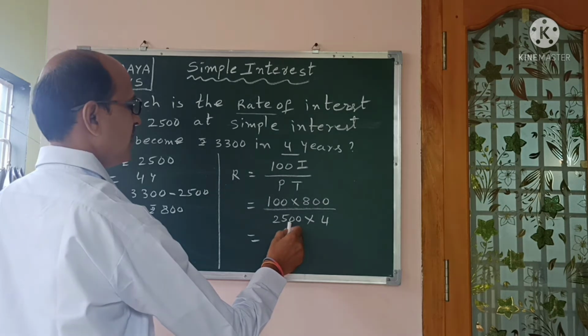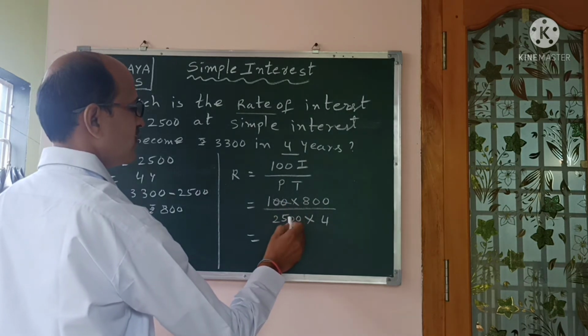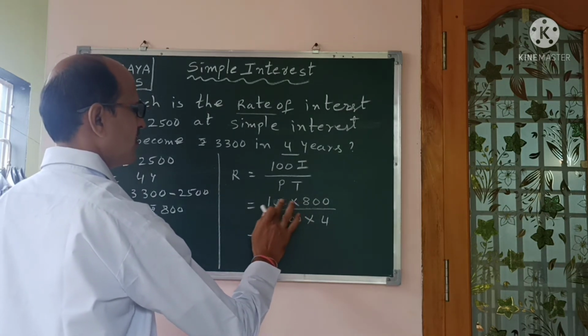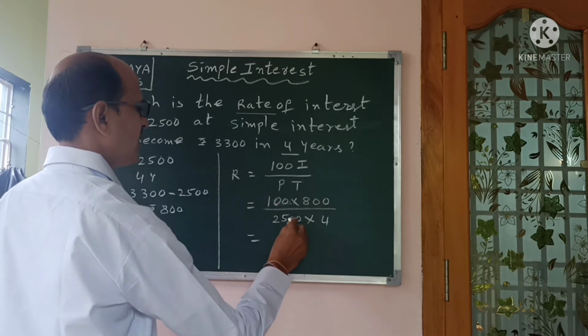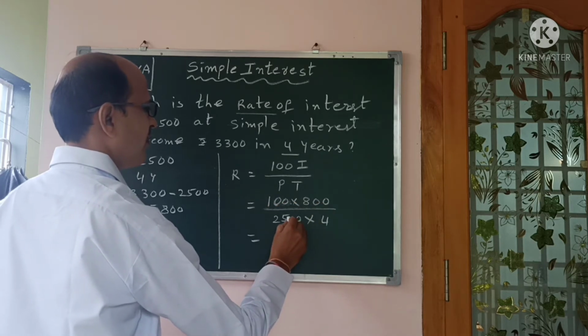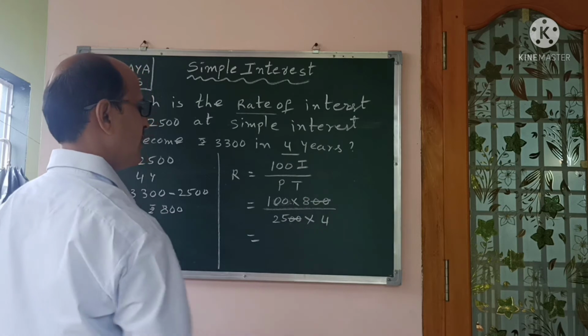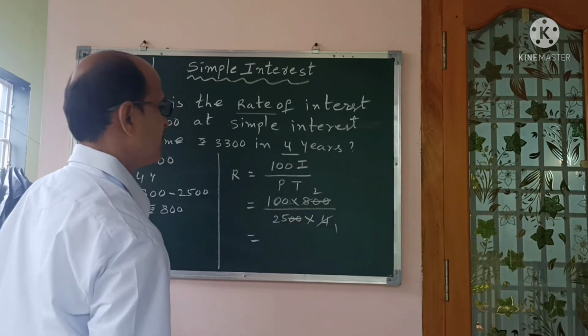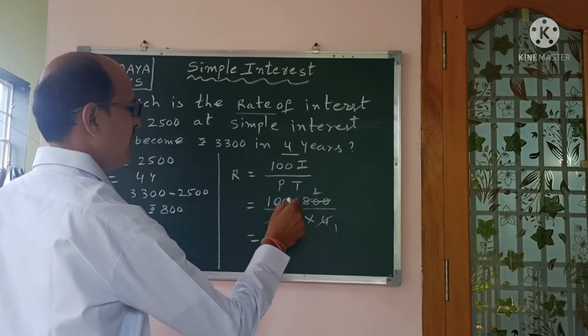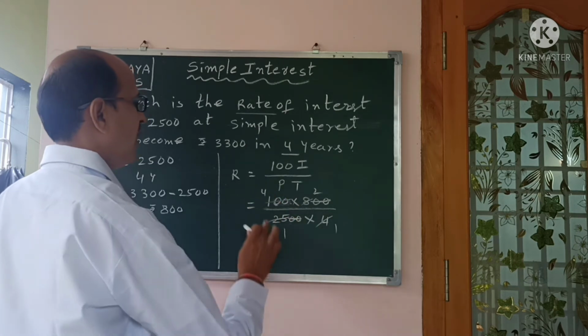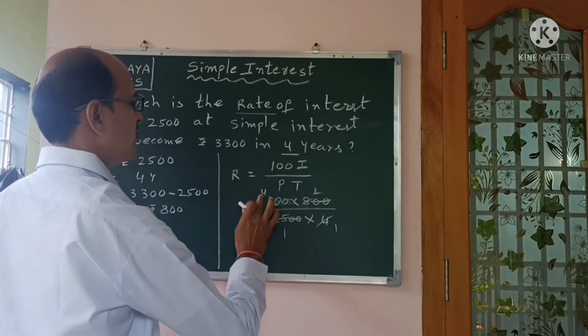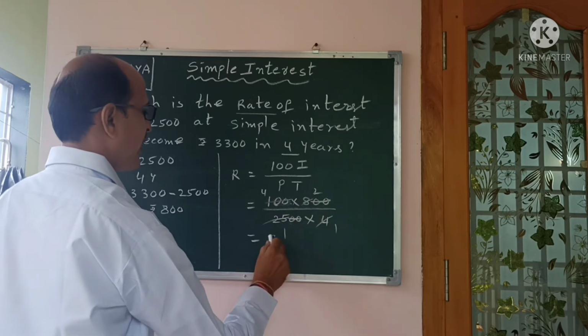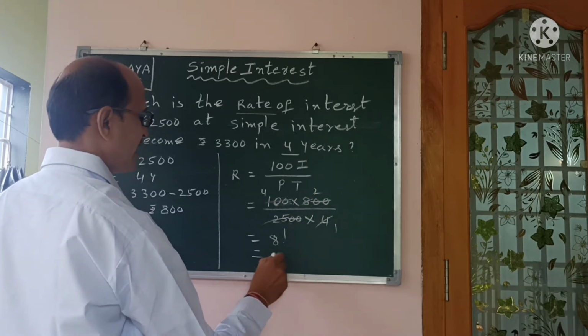Now we have to do the cancellation. Here 2 zeros are there, here 2 zeros. Cancel the 2 zeros. 4 ones are 4, 4 twos are 8; 25 ones are 25, 25 fours are 100. What is the value in the numerator? 4 into 2, 8. So 8%.